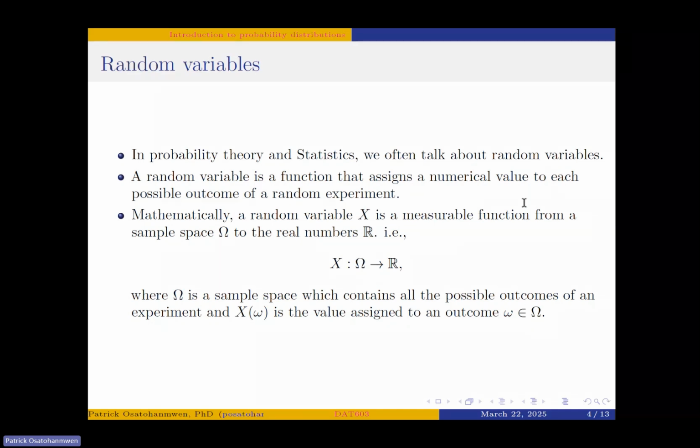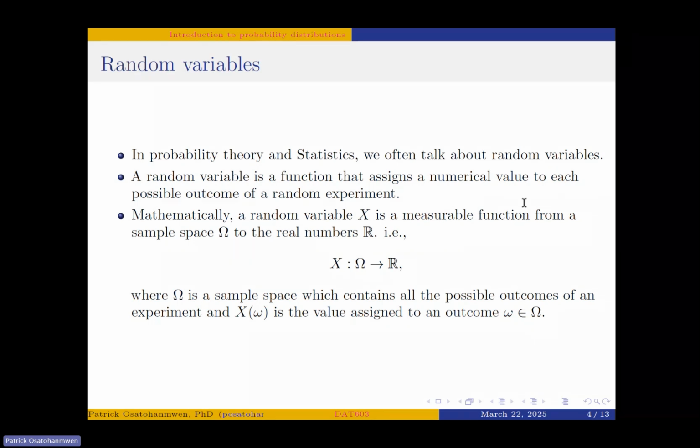For example, if we toss a coin, we are going to have either head or tail. And what is of interest to us most times is a specific value that we can assign to this outcome, because having a head or a tail does not really prepare us for further analysis on the outcome of that random variable.